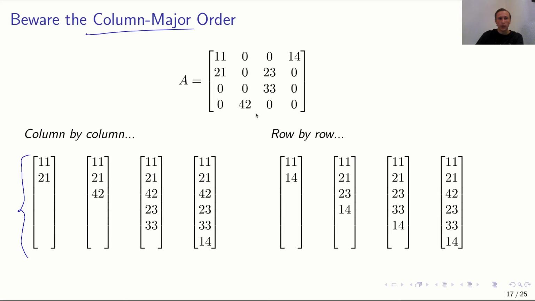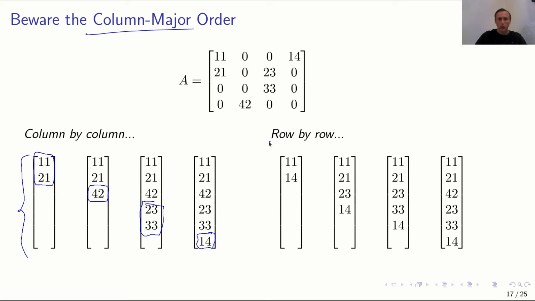And once you build it column by column, at each iteration, it's just going to append the new column to the previous result. So you start by building this first column, then you append to this second column, which is the value 42. We append to that the third column, and then we append to that the fourth column, building our sparse matrix one column at a time.